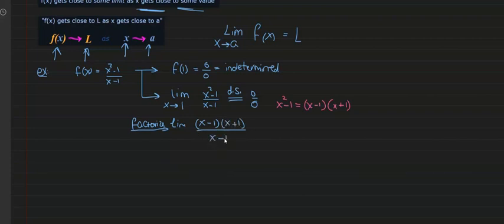Why? Because it's a simpler equivalent form for that function, which might help us find the solution we are seeking. So after rewriting it, it's obvious that we can cancel these two factors together in order to be left with only one factor, which is x plus 1, as x approaches 1.